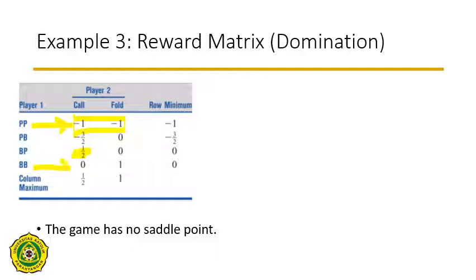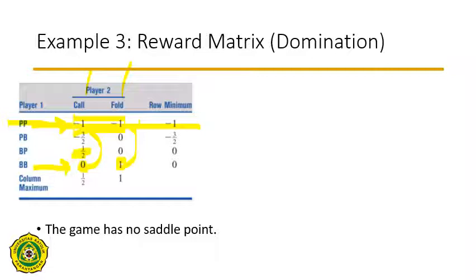While if the row player plays BB, at least here, if player 2 plays call, it gets $0. If player 2 plays fold, player 1 gets $1. In any situation, the expected reward for BB is always better than PP. That's why we can say PP is dominated by BB. We may eliminate this row.